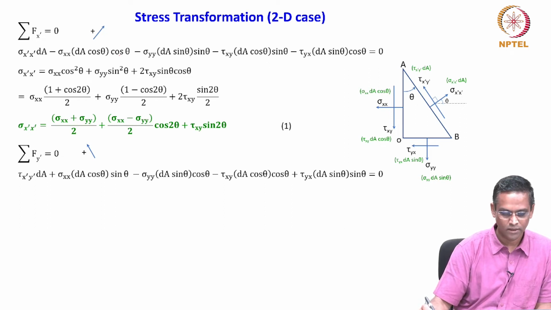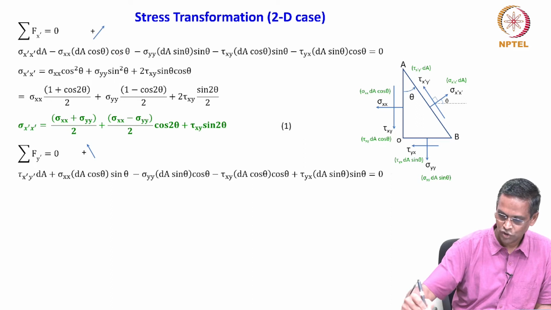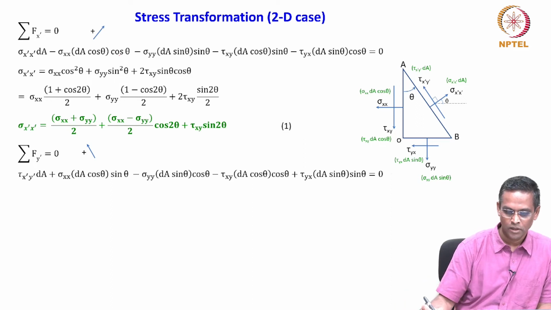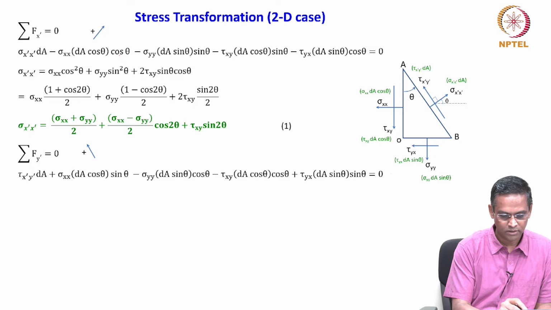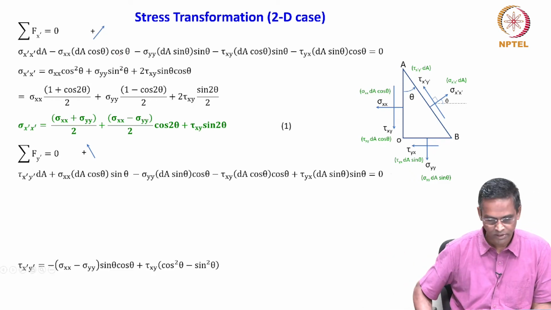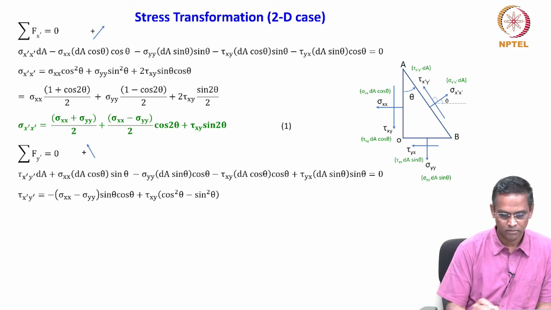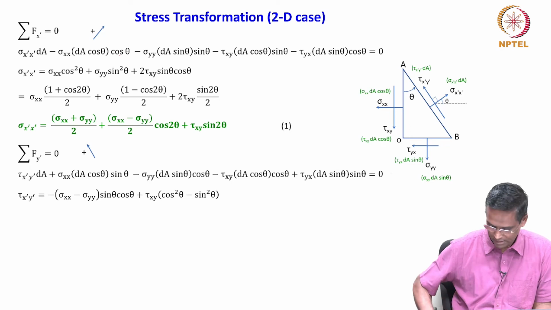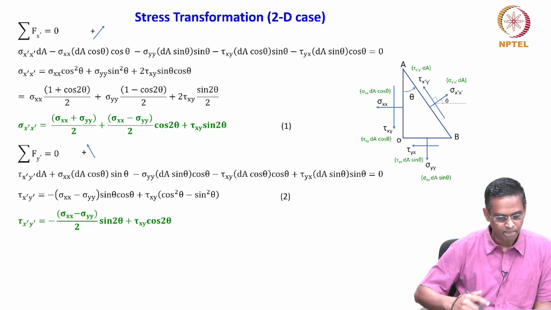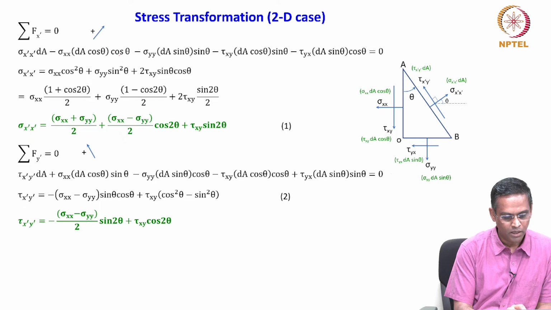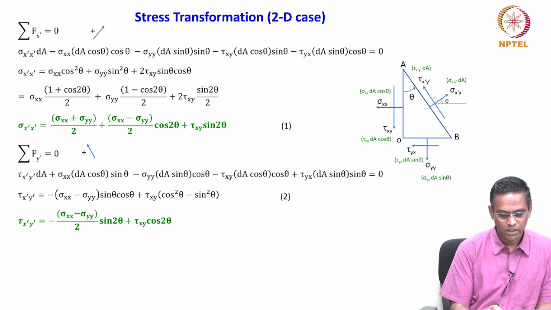You just have to look at this geometry and then write it, then it is easy. So this gives one equation. Then we can rearrange it by removing common factors and rewriting, and the final expression is tau x prime y prime equals minus (sigma xx minus sigma yy)/2 sin 2 theta plus tau xy cos 2 theta.